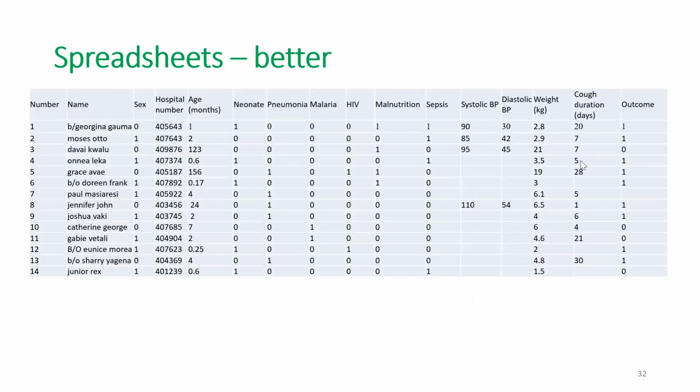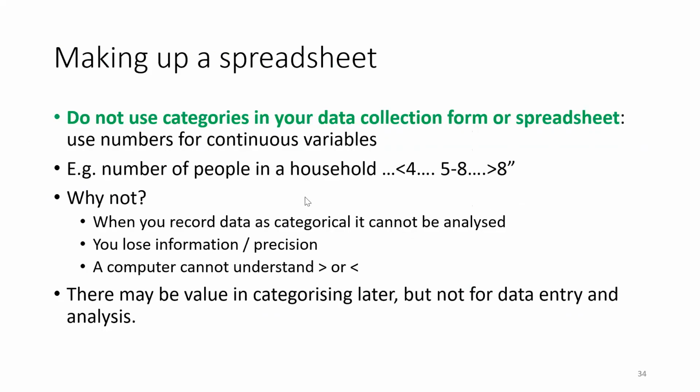This duration of cough could have been less than 2, greater than 2, or less than 5, greater than 5, but you wouldn't then know that some children had cough for 20 days or 28 days. All right. So the point is, if you record continuous variables as categories, then you lose information.